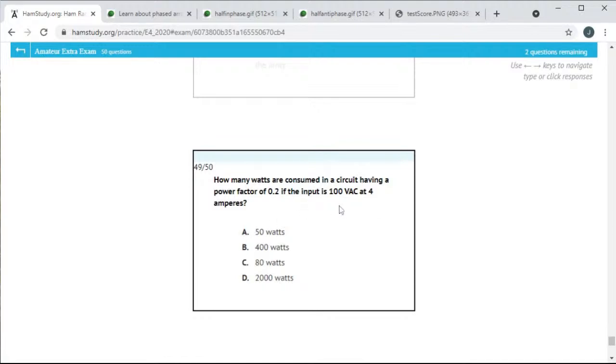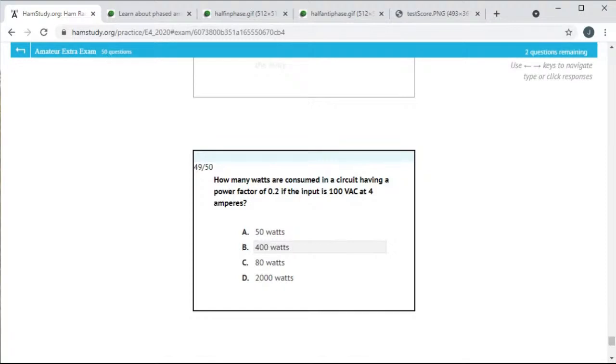So 100 volts times 4 amps is 400 watts, and the power factor is 0.2.